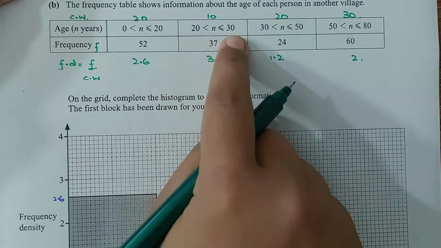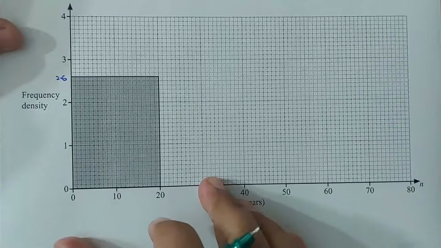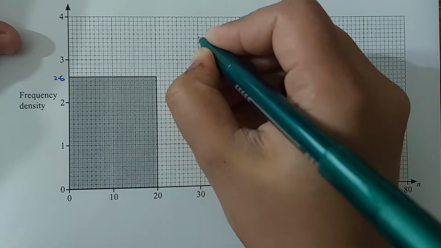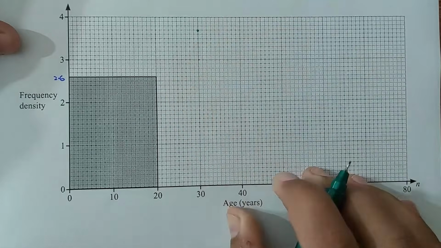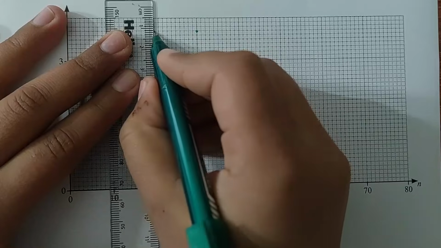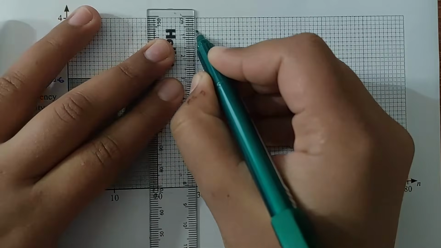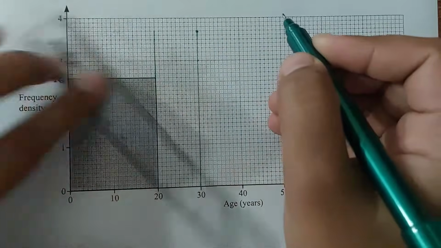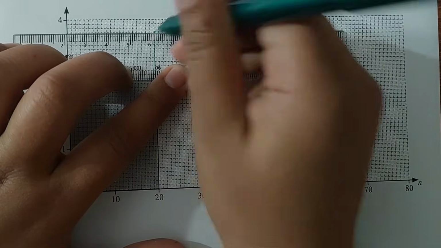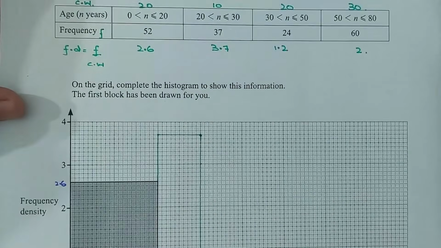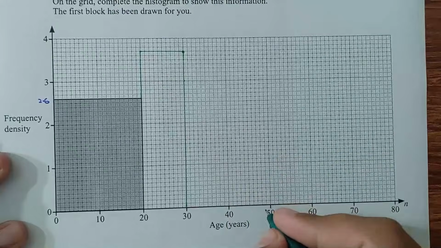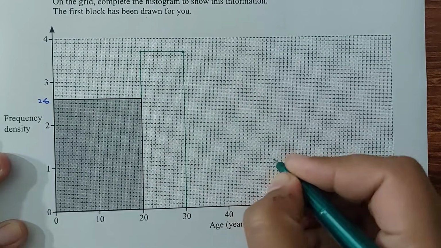The interval from 20 to 30 is 3.7. 20 to 30, this is 3.7. This is 3, 3.5, and 3.7 is this point. Okay, the next interval is from 30 to 50, it's 1.2. 30 to 50, this is 1 and 1.2.